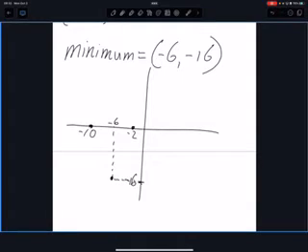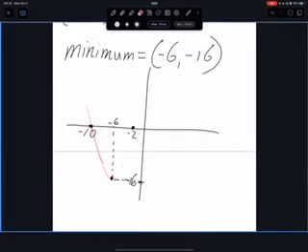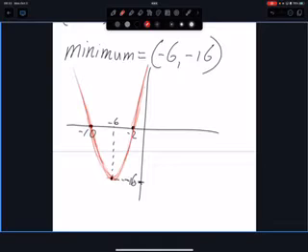You just draw it. There is your graph. There it is. That's it. Completing the square.